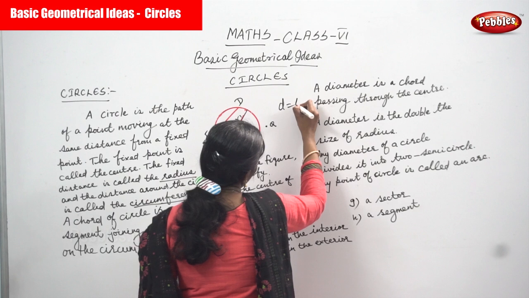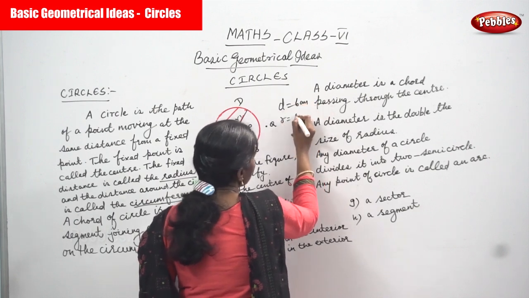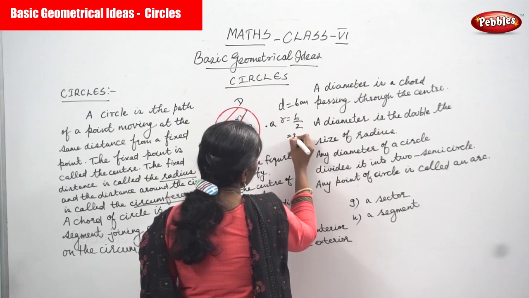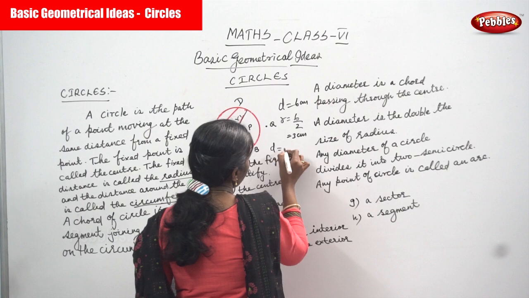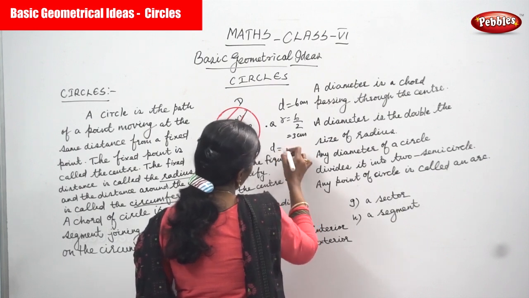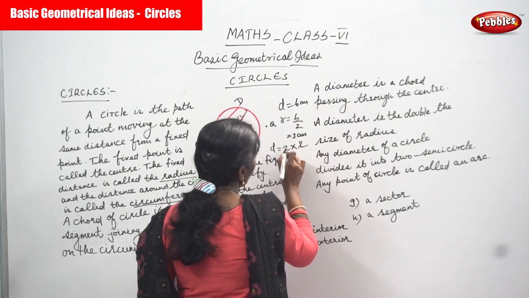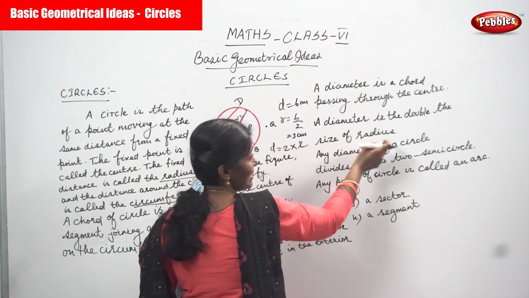For example, if the diameter is 6 centimeters, to find the radius you divide 6 by 2 and get 3 centimeters. Again, if you want to find D from the radius value R, it is 2 into R, double the size of the radius.